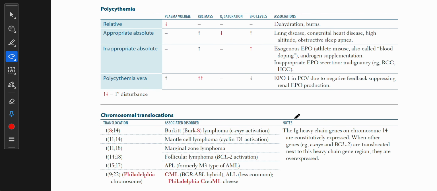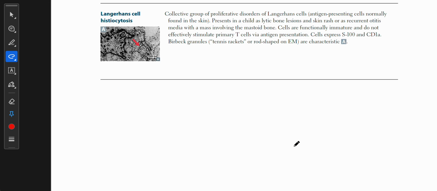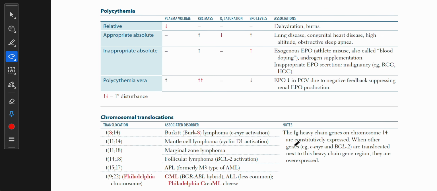So let's see polycythemia. What is polycythemia actually? We'll talk about this and we'll finish this session right here. This is going to be a very short session. Polycythemia can be relative, appropriate absolute, inappropriate absolute, and then polycythemia vera. There are 4 types of polycythemia. So in relative, there is a decrease in plasma volume.